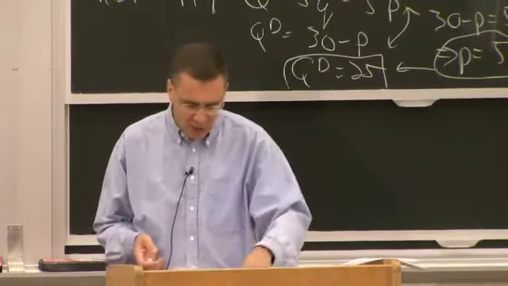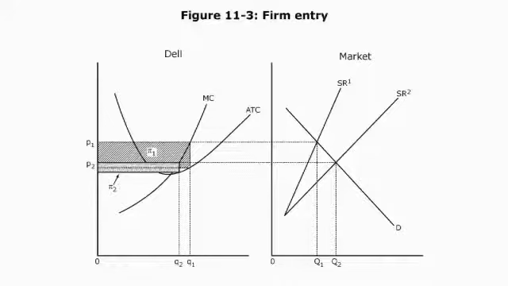In figure 11.3, this is the market for PCs, circa 1990. If you were making PCs in 1990, that was a great business to be in because people wanted them, there weren't that many firms making them, and you were making a killing. So if you were Dell in 1990, that was a great place to be.